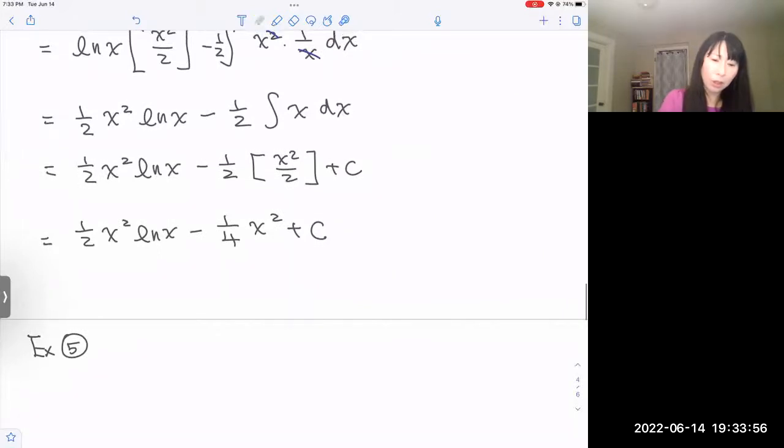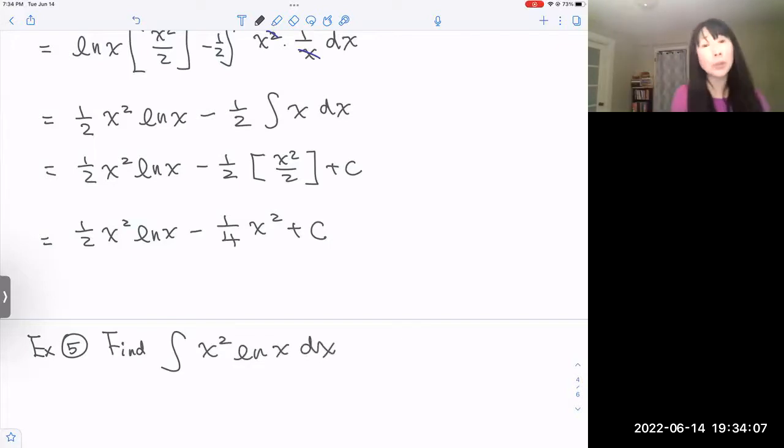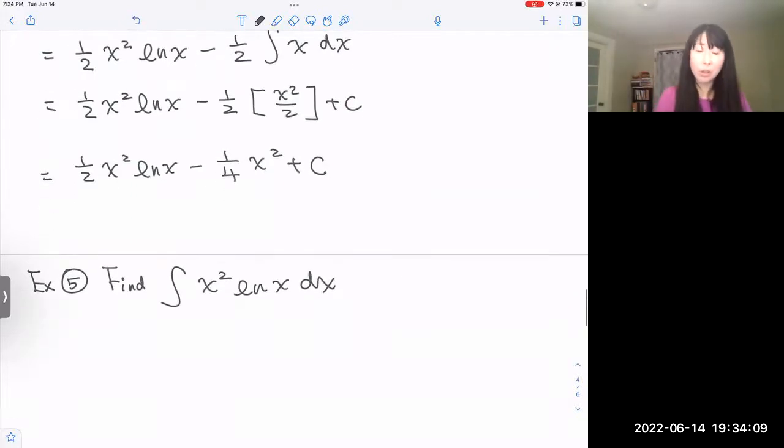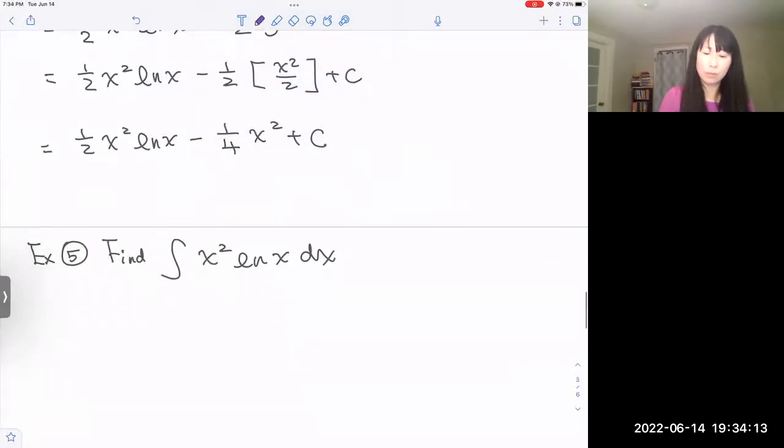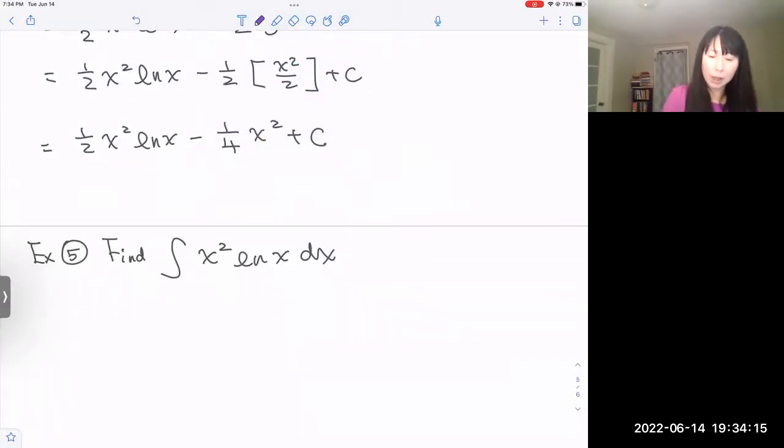Okay, number 5. Find the integral of x squared ln x. Look, we have experience already. Let u equal what? ln x, right? So u, then this will be dv. Let u equal ln x.